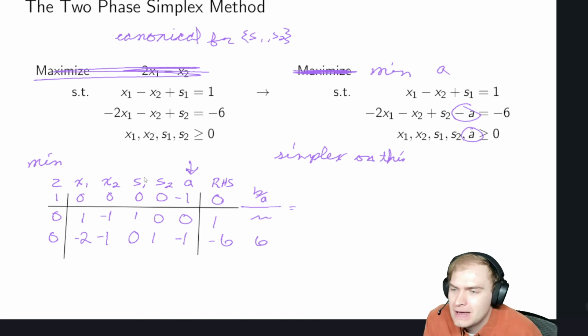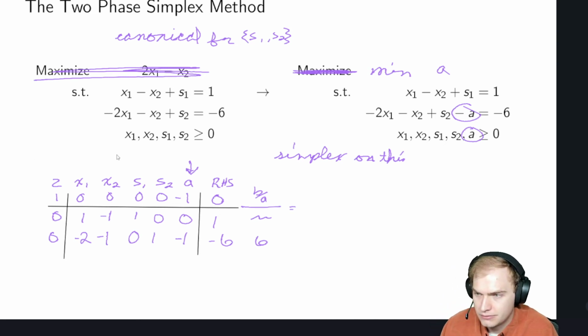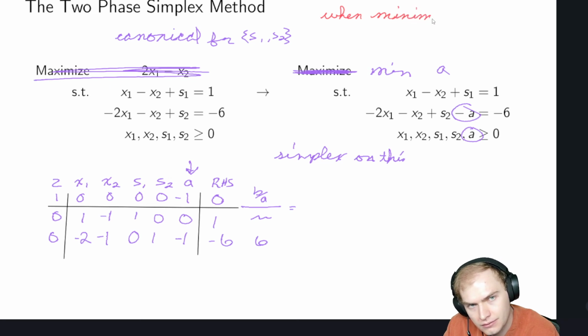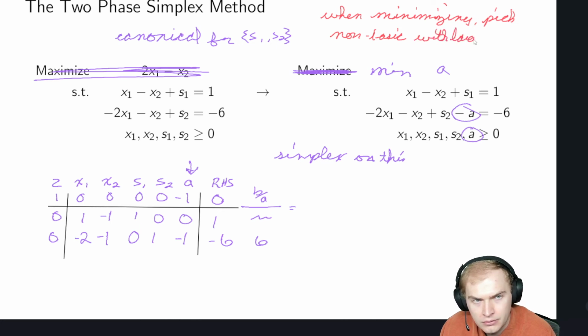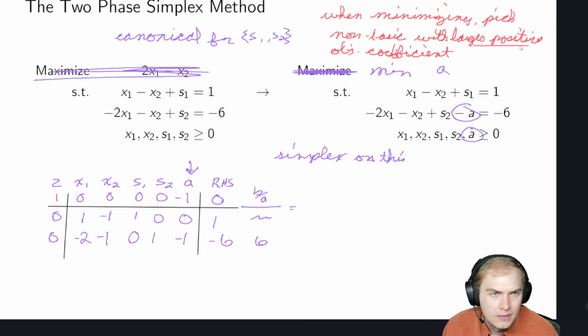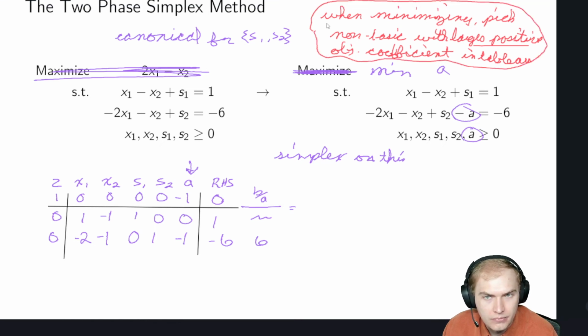So this is an important thing to point out. When minimizing, pick the non-basic with the largest positive objective coefficient in the tableau. So that just tripped me up.